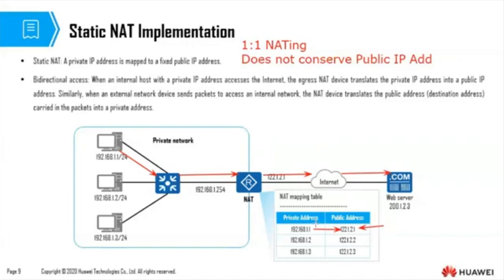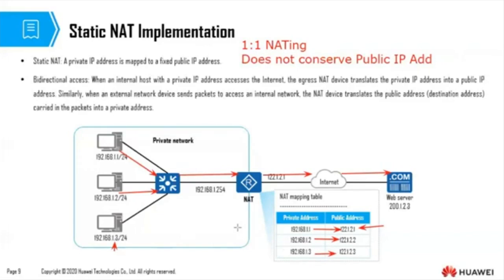Are you getting the point? This guy that comes from here, 192, is going to be given a different public IP address. This one that is coming from .3 is going to be assigned a different public address.